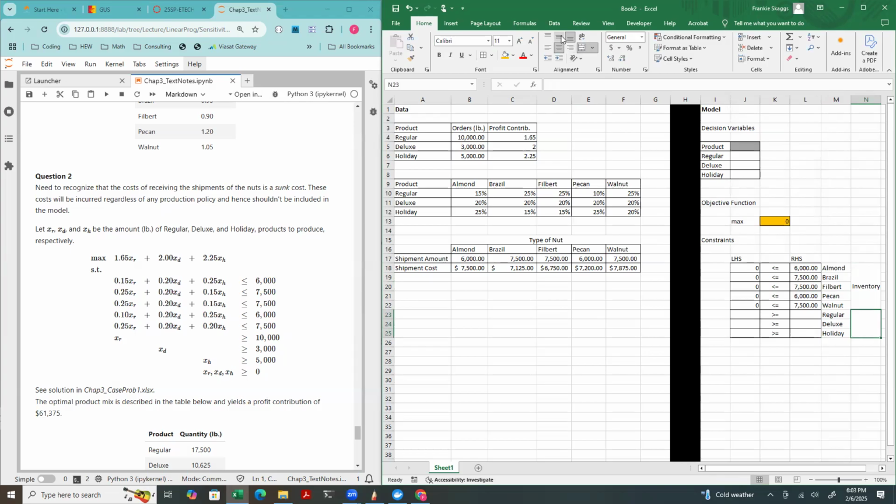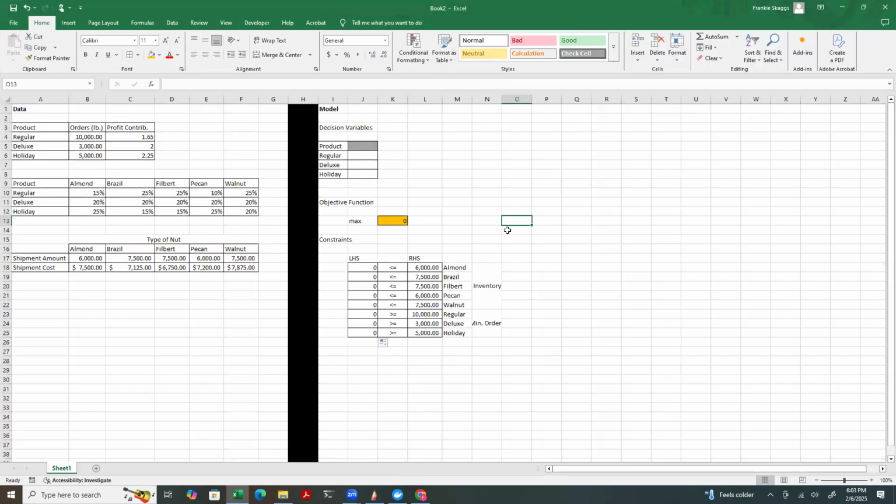So to quickly and easily state here, minimum orders. And we would get these from here. This is the minimum order column that we just put in place. And these would just be the values of our decision variables on the left-hand side. All right, there we have it.